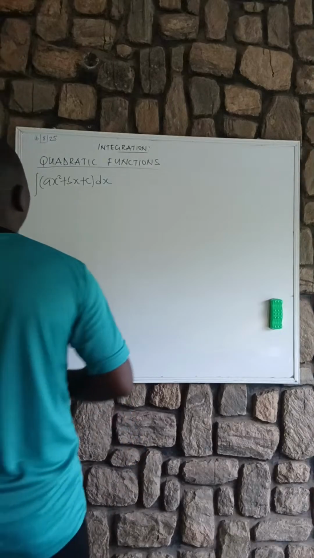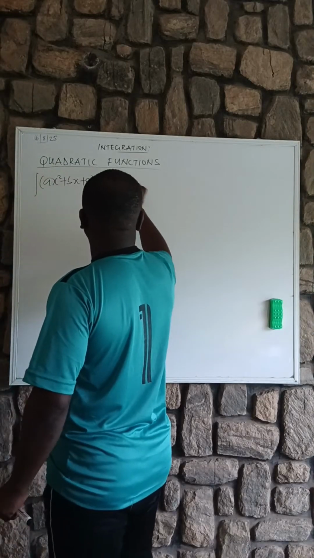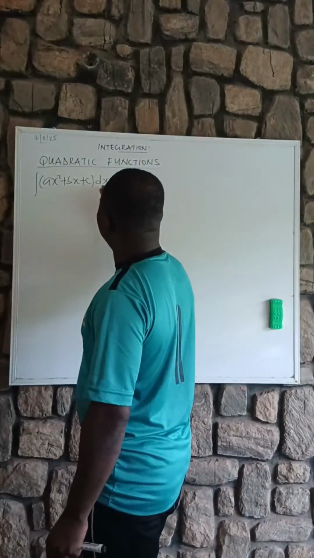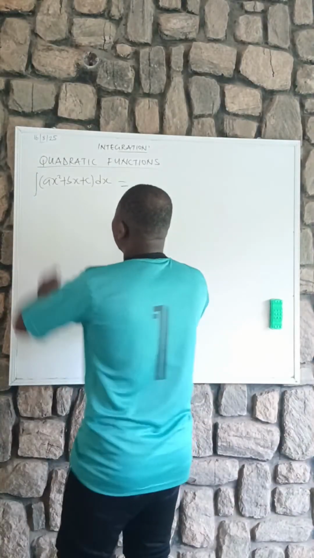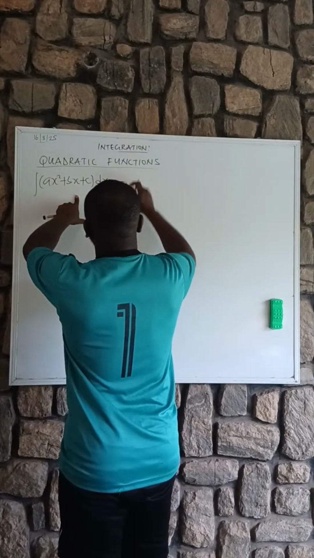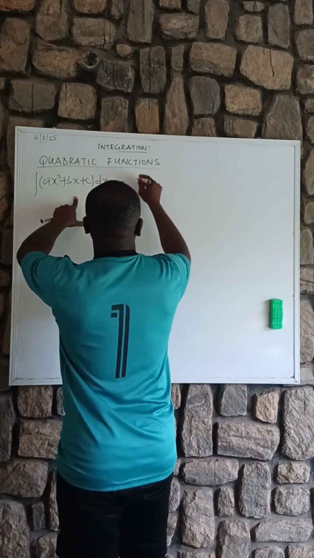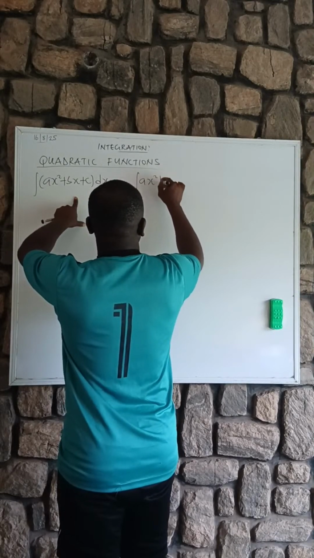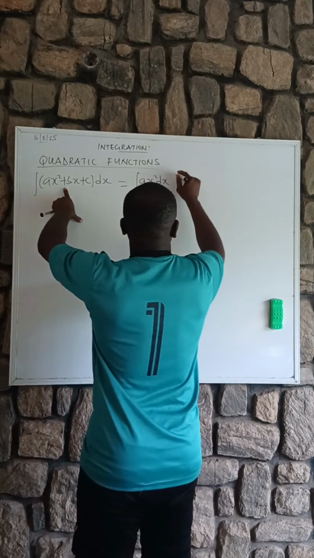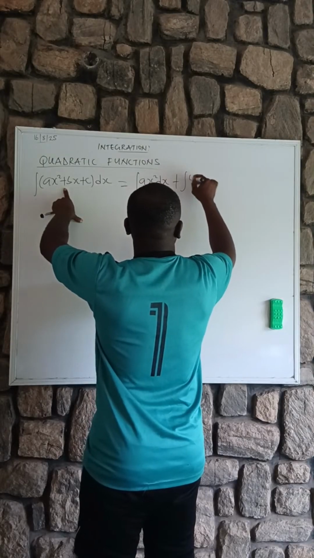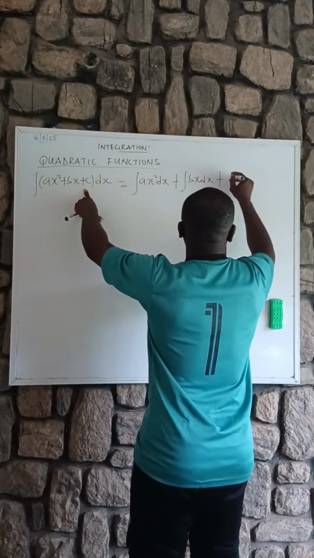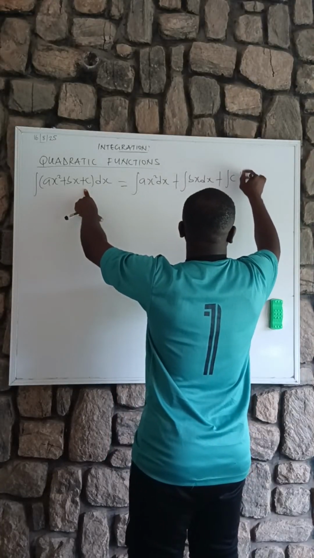If you want to evaluate this integral, it's the same approach, so that it will be easier for you. We can part this integral in this form: the integral of ax squared dx plus the integral of bx dx, then plus the integral of c dx.